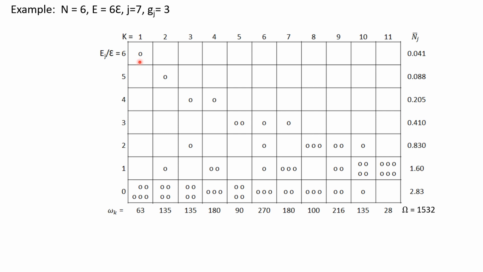So now the total energy is completed, and we have to put the rest of the particles in the 0 energy level. If we put one particle in the energy level 5, then we have to put one particle in energy level 1, so that the total energy of these 2 particles is 6, and we have to put the rest of the 4 particles in the 0 energy level.